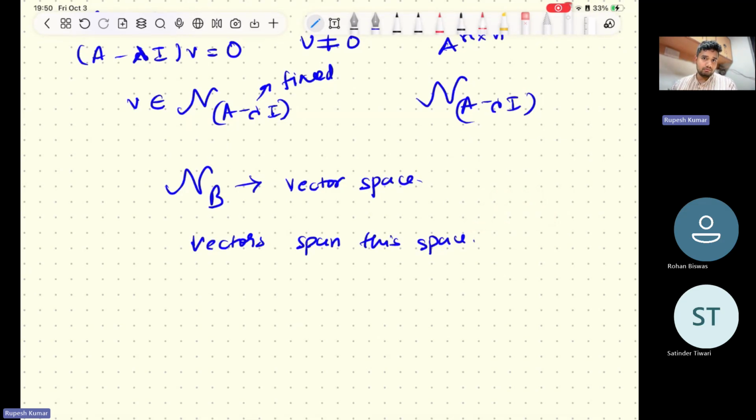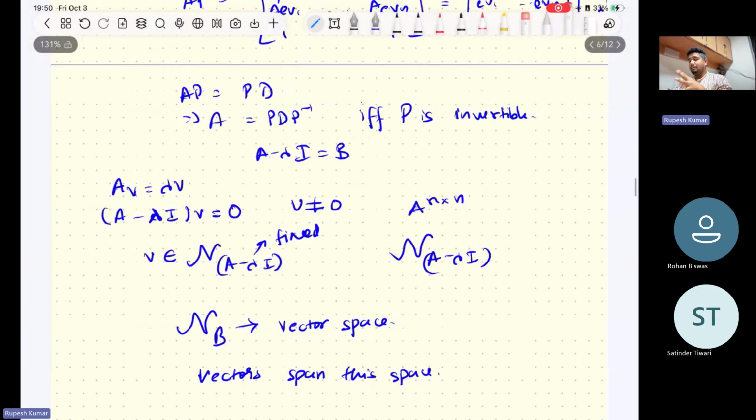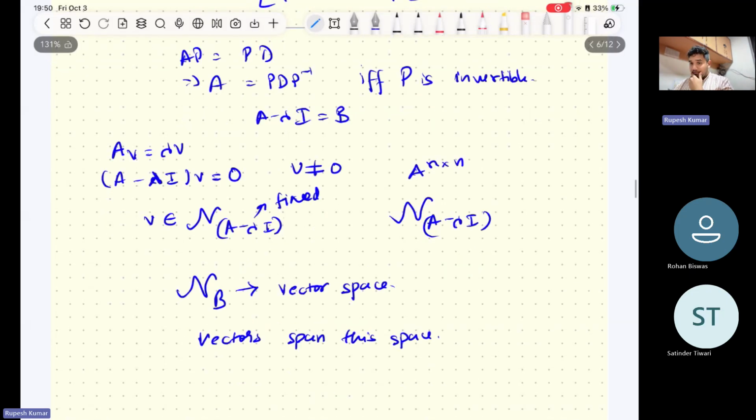There can be more than one. It can be a line, a plane, or a hyperplane, depending on the dimensionality of the matrix.